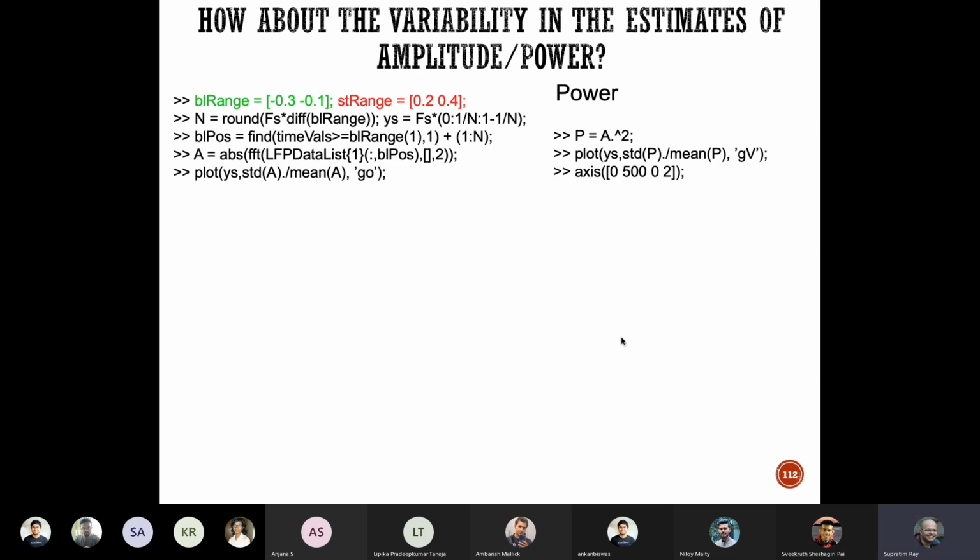What do you expect this value to be when I plot this at 50 hertz? Think and tell what you expect this value to be, assuming that the power is extremely consistent across trials. Just this standard deviation of P divided by mean P.